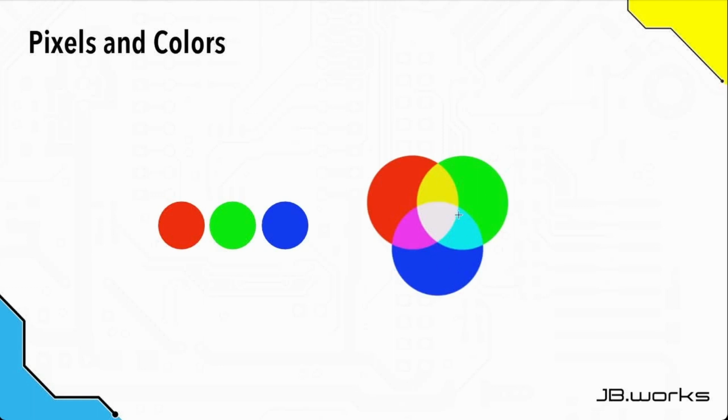And this is how we generate color and how you change the color of an individual pixel. So to summarize, all graphics involves pixels, and each individual pixel is comprised of 3 individual little lights, a red one, a green one, and a blue one, and color is created by varying the relative amount of brightness of each one of the little lights.